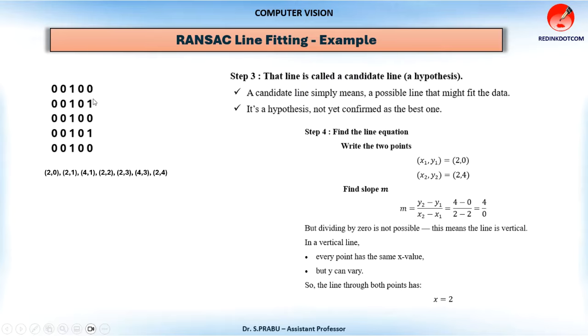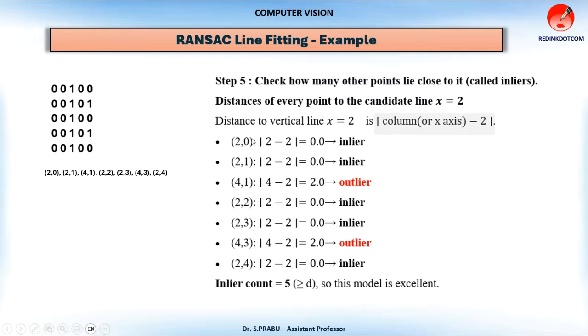The next step is to find the distance between this line and the other pixels. I list out all the edge pixels here, and the equation x equal to 2 is nothing but x minus 2 equal to 0. So I find the distance with the formula x minus 2, where x is the x coordinate value and 2 is the constant. So 2 minus 2 becomes 0. Here again 2 minus 2 becomes 0. Here the x value is 4, that is this point, so 4 minus 2 becomes 2.